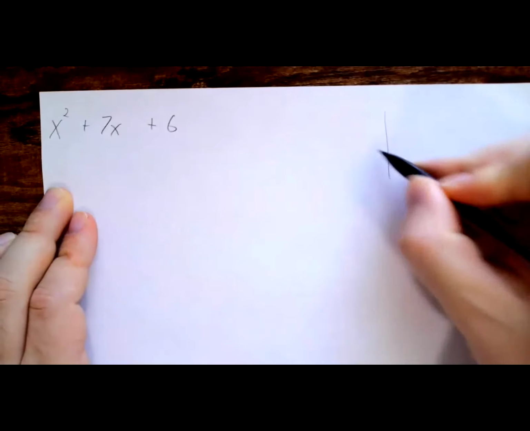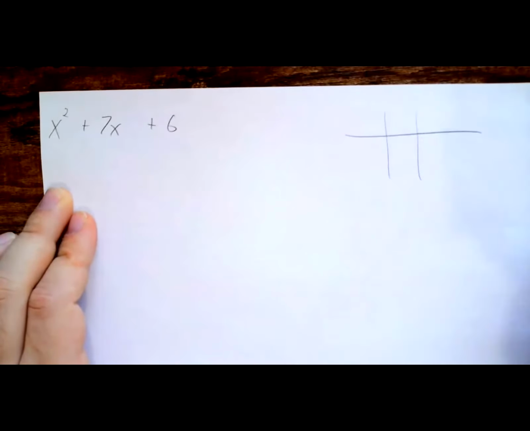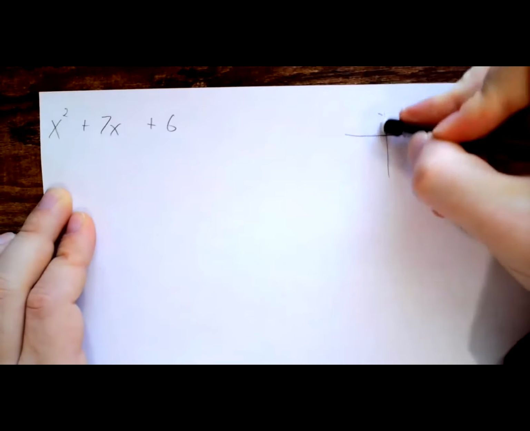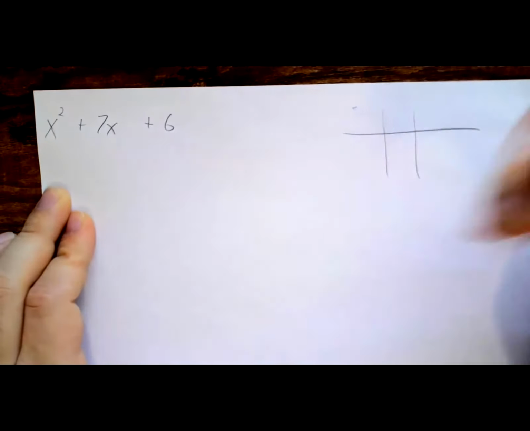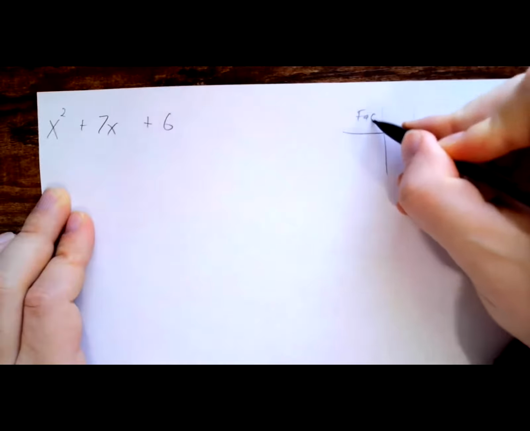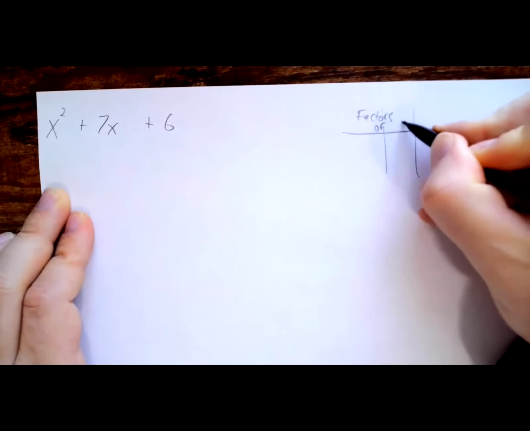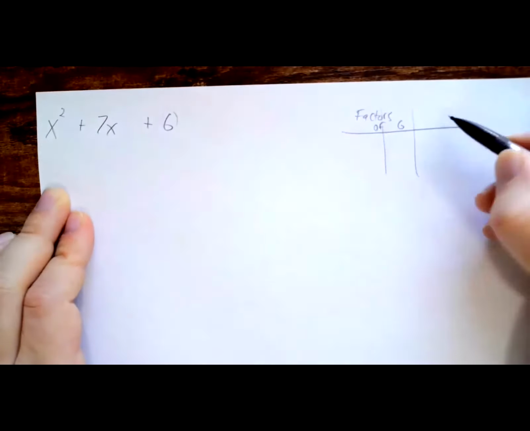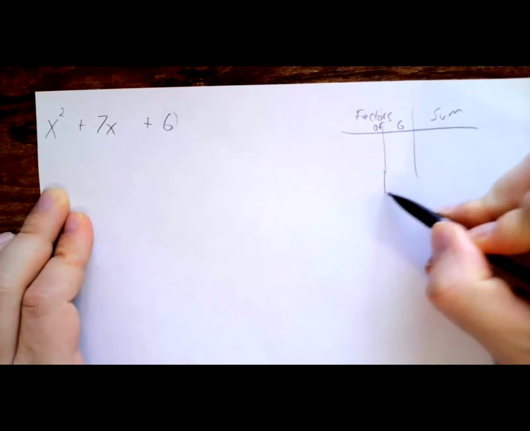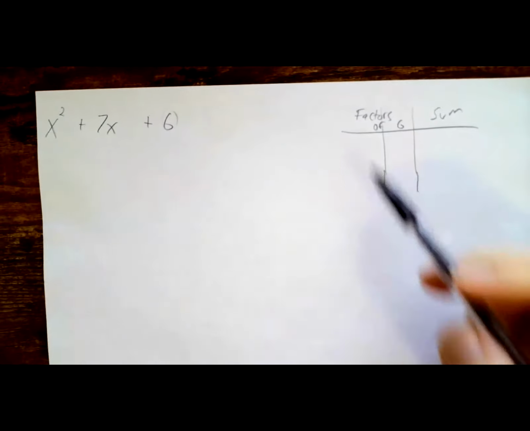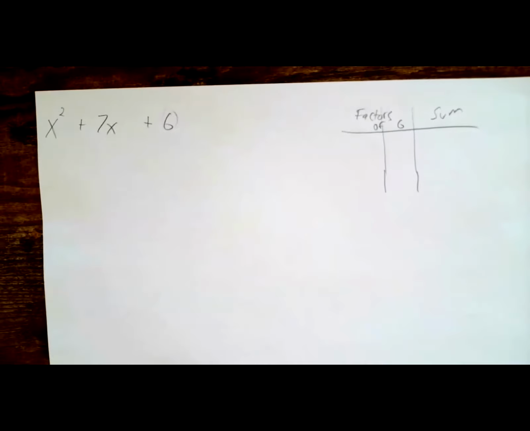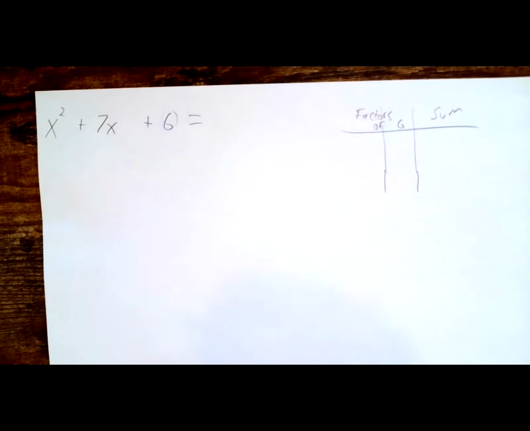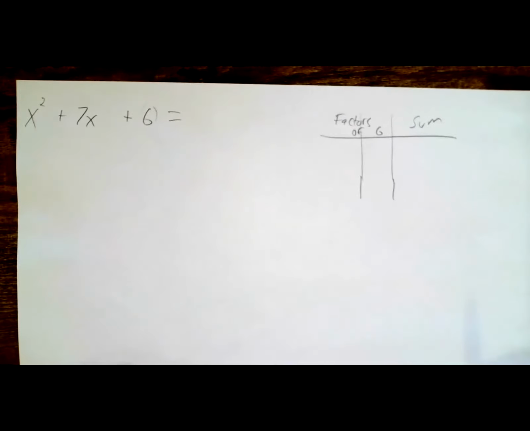So I'll start out with making part of the chart for you. What are the factors of 6? And what's their sum? So think that through. Which two factors of 6 add up to 7? And that'll help you solve the problem. So take a minute on that and let me know when you're finished.